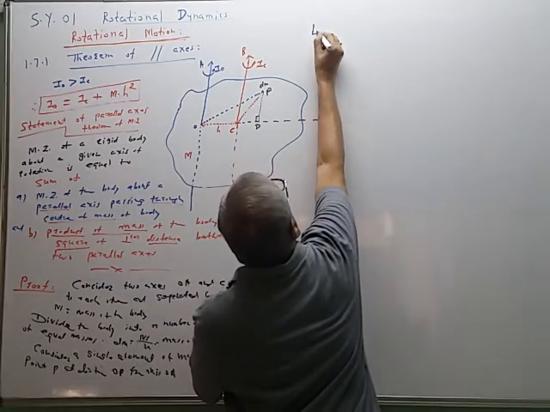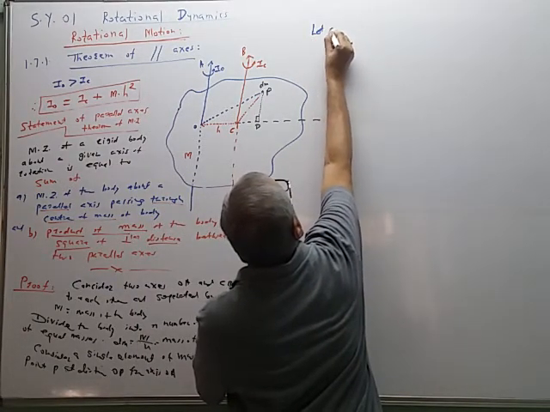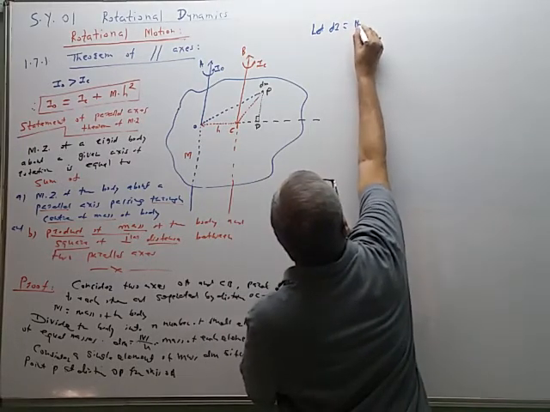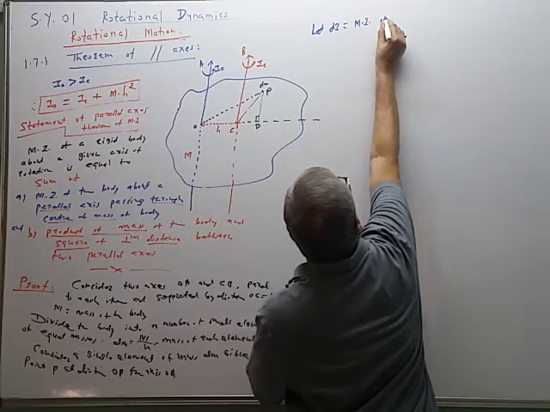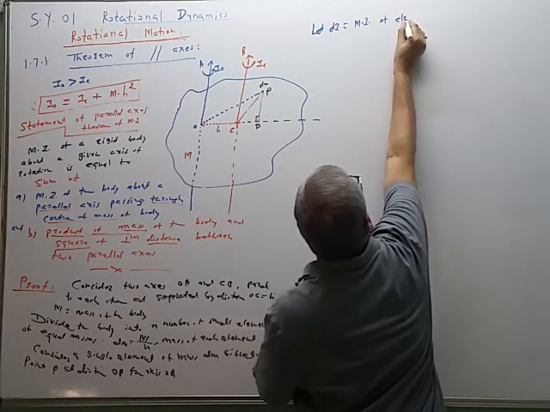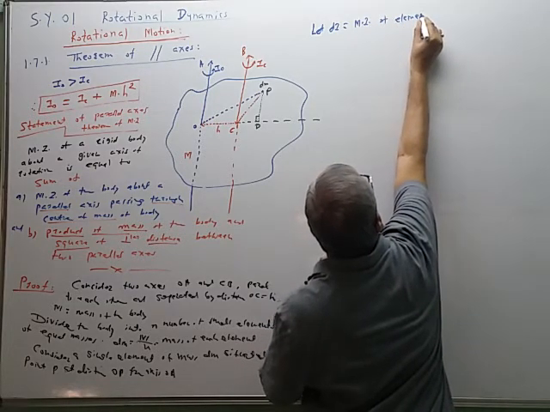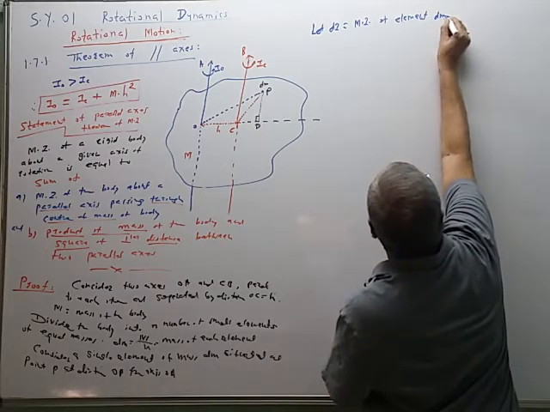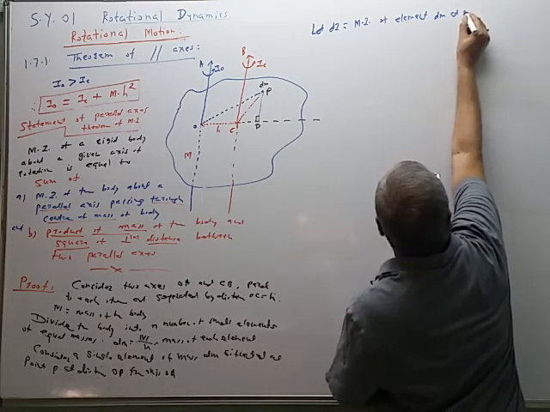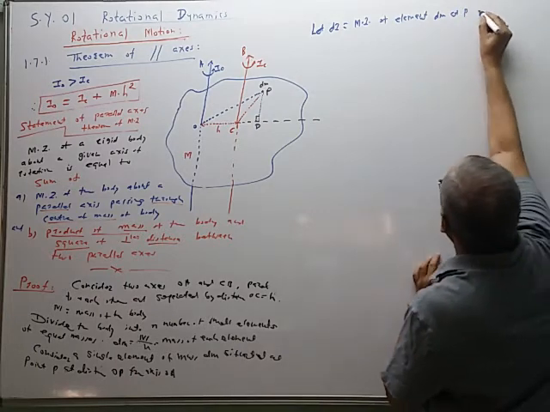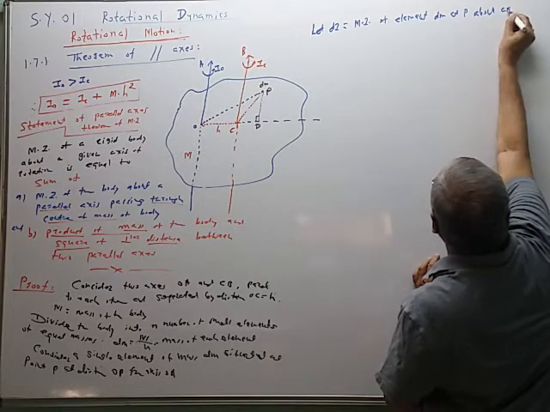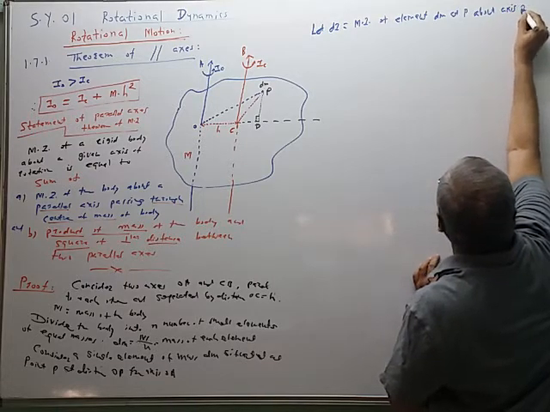Let dI be the moment of inertia of the element dm at P about the axis OA.